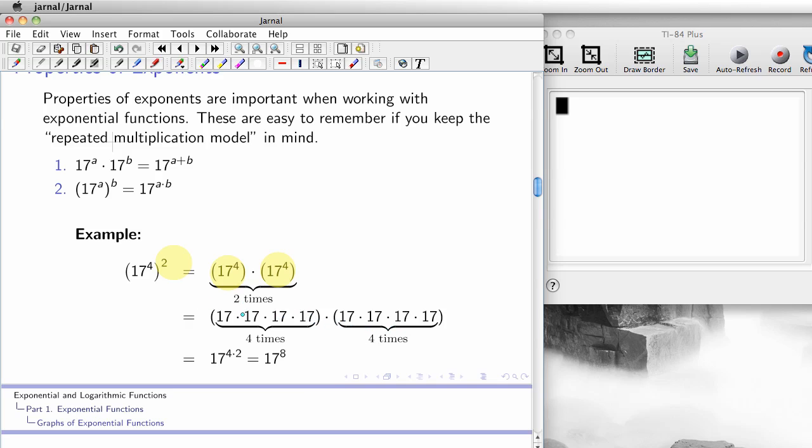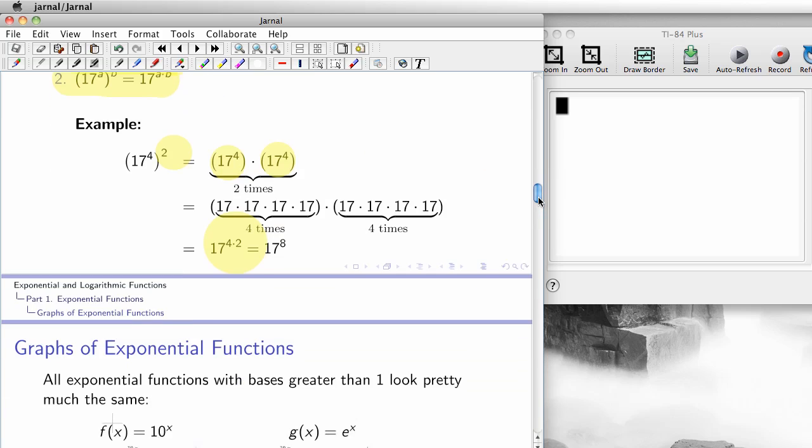So you have 4 17s, and another group of 4 17s, that list repeated twice. So altogether, you have 8 17s. It makes sense that the number of 17s you have written down is 4 times 2, because you have 2 groups of 4. So these are the two basic exponent rules that we use throughout this course.